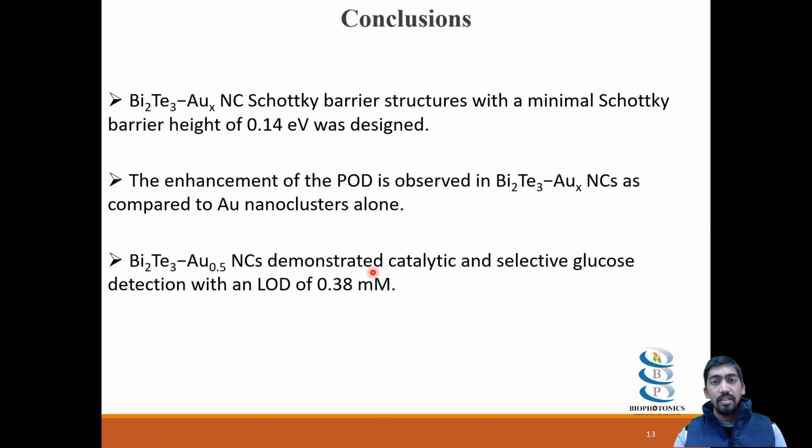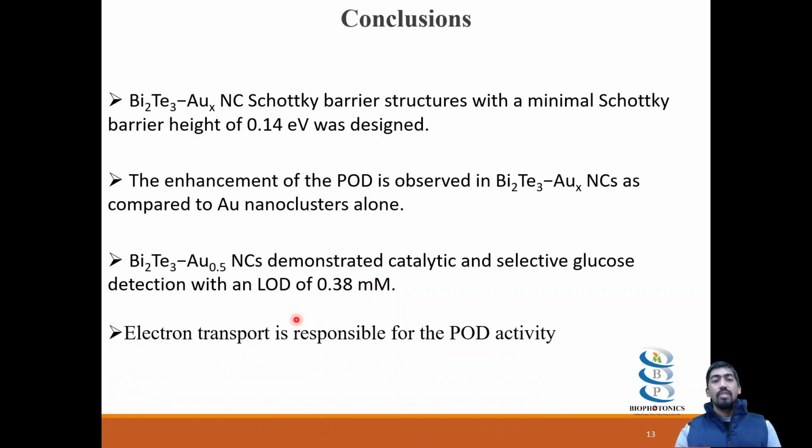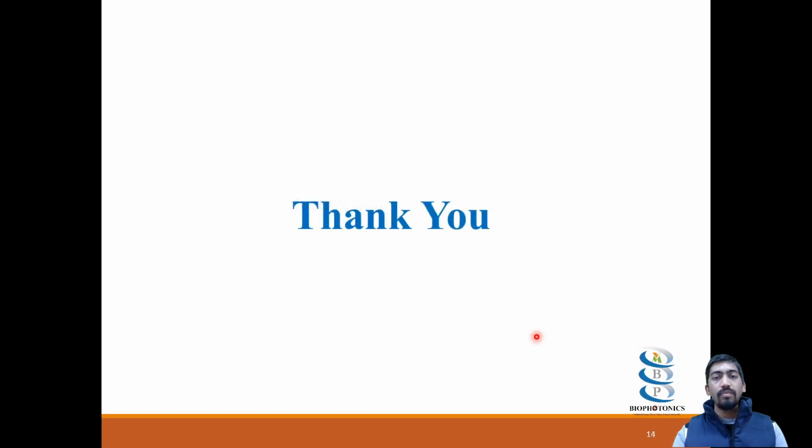Third, we demonstrated that peroxidase activity as well as glucose sensing can be done, and we also evaluated the limit of detection as 0.38 millimolar. The reason behind this peroxidase activity is electron transport, which is responsible. Thank you.